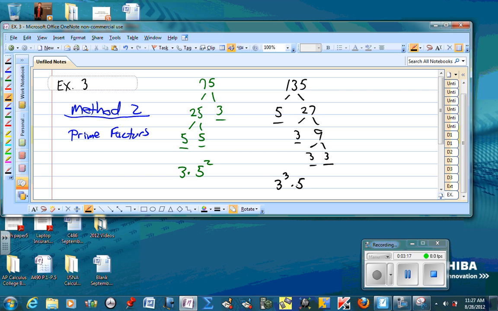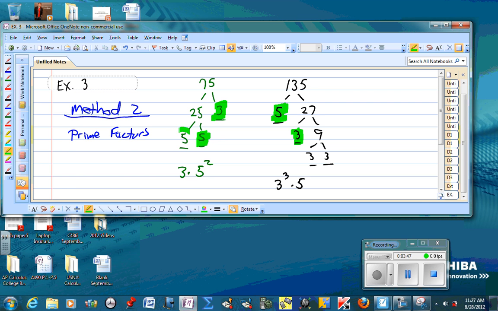All right. Now, the key is to look in each list and find which common factors they have in common. So let's see. You see there's a 3 in the list of prime factors of 75, and there's a 3 in the list of factors of 135. There's a 5 in the list of factors of 75, and there's a 5 in the list of factors of 135.